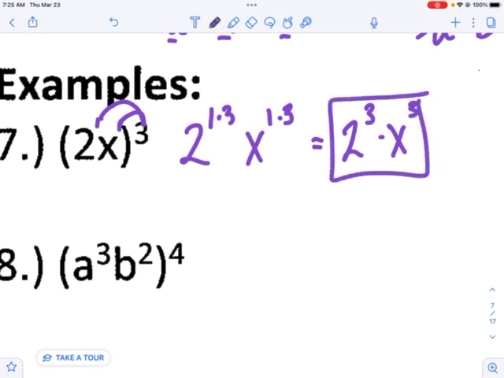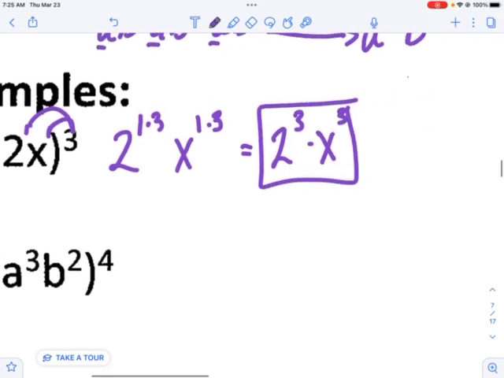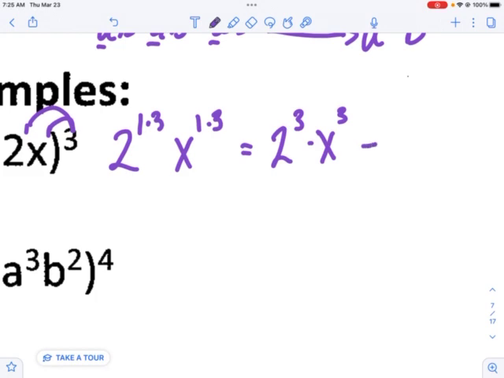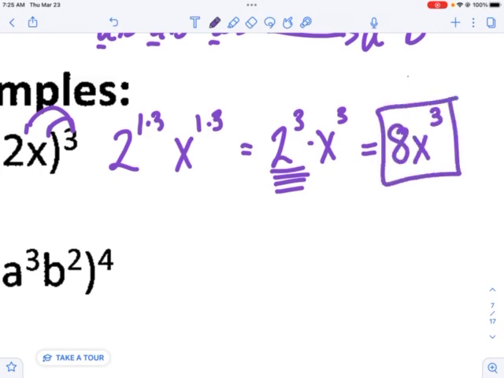There's not quite my final answer because I can evaluate 2 to the third. 2 to the third is 8, so I have 8x to the third. That is my final answer.